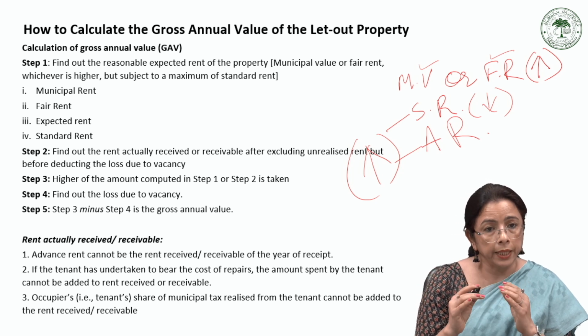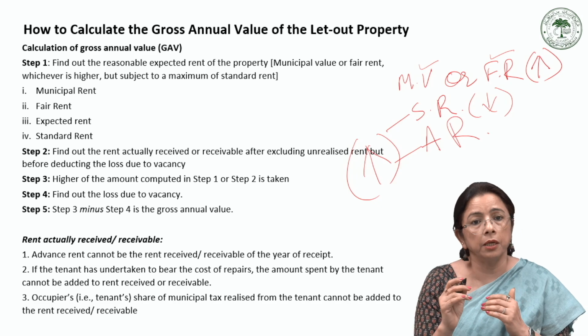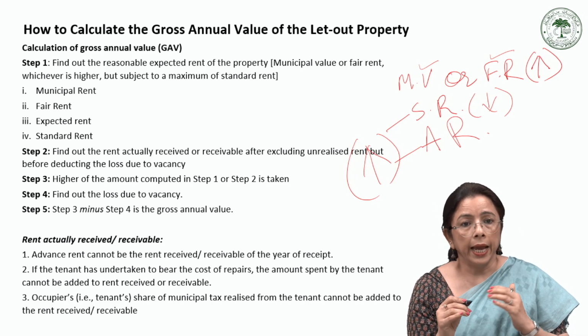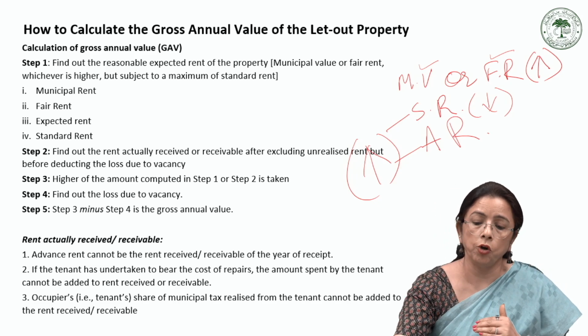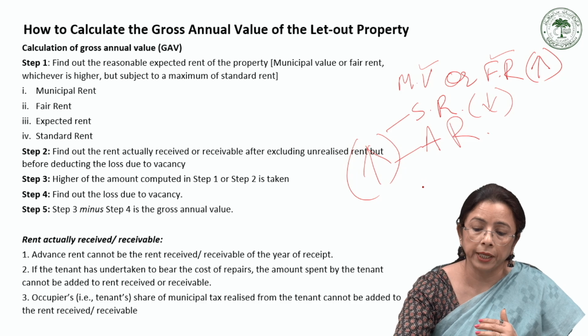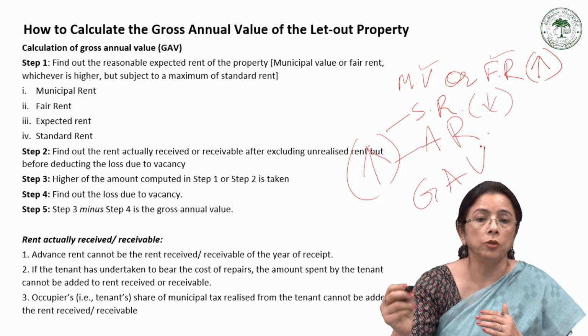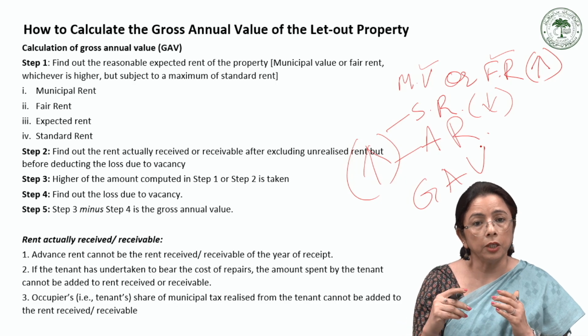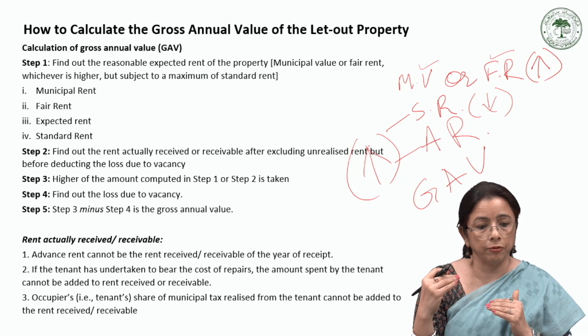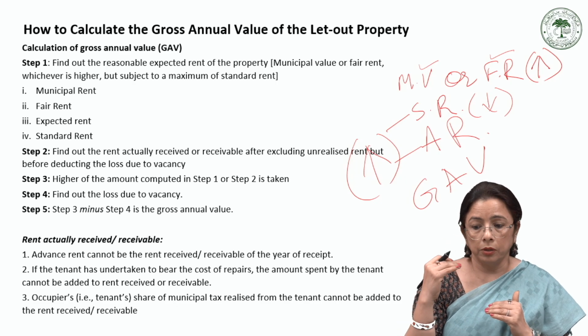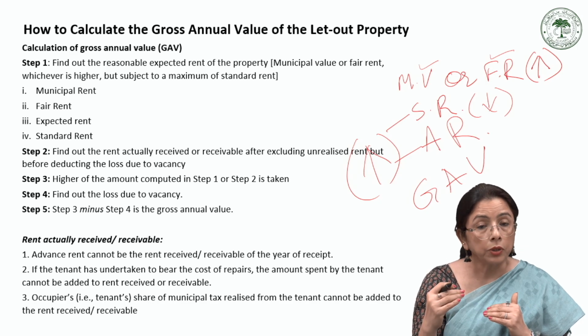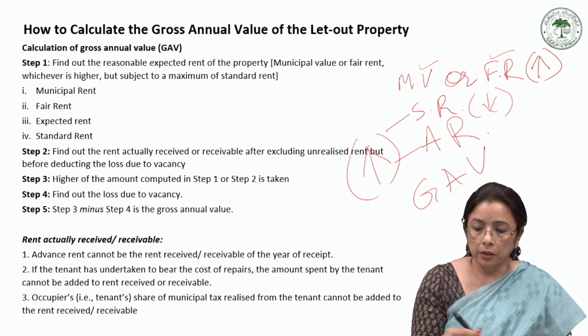Then in the next step we compute the loss due to vacancy, and after deducting that loss, we get the gross annual value, GAV. So these are the steps that are followed in order to arrive at the GAV.